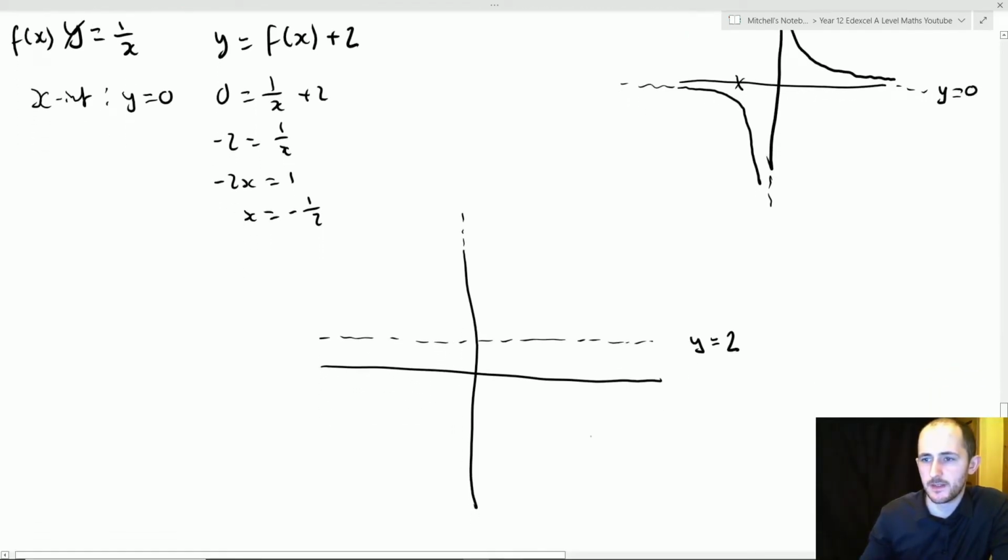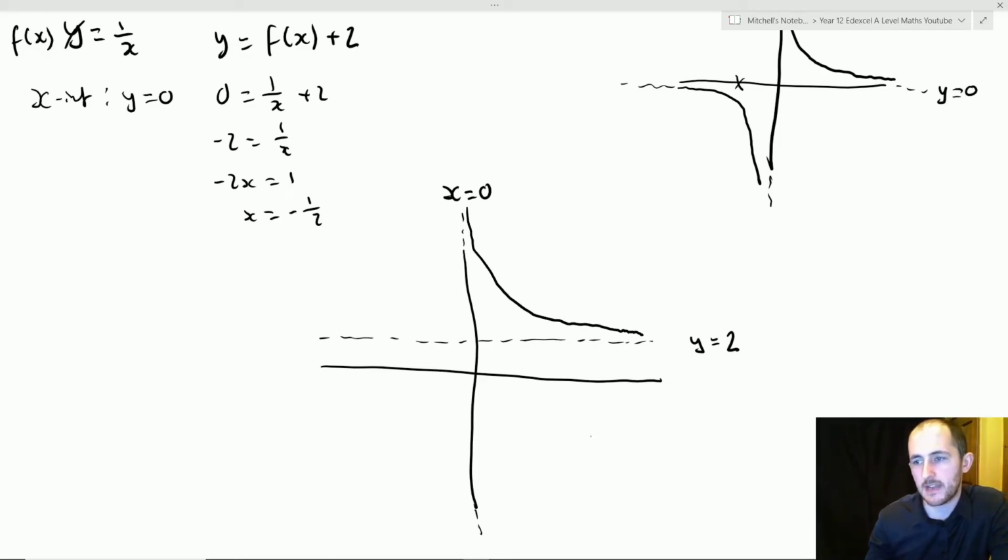It says giving the equation, so we write that as x equals 0. And now we draw our graph. It's going to look the same, but be careful to make sure it doesn't look like it's crossing the asymptotes, because if it touches at all, you lose the mark for shape. And this coordinate here is minus a half, 0.